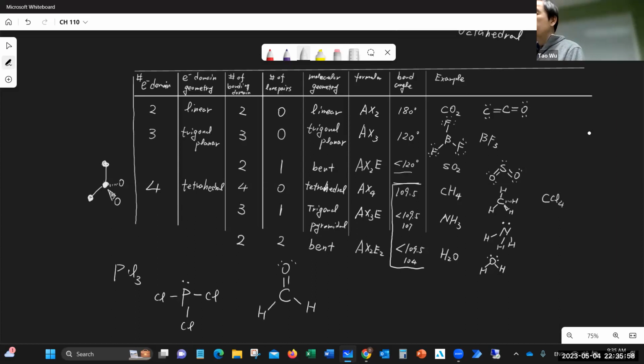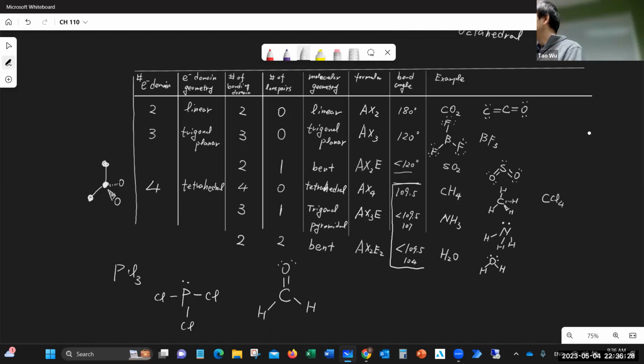How about this molecule? What is the geometry for this molecule? You just need to know how many bonding domains this guy has and whether there are any lone pairs on the central atom.